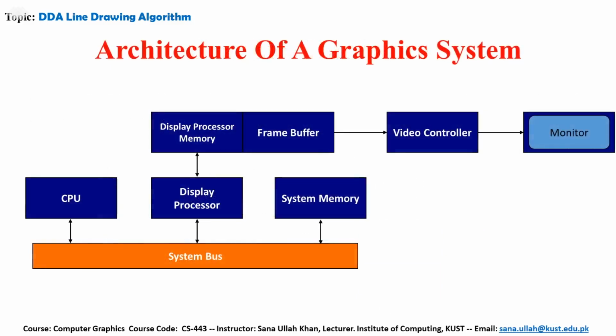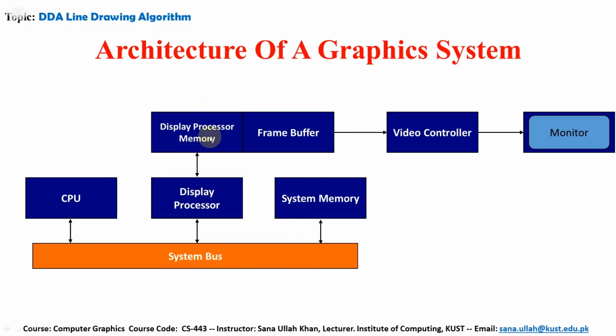The basic architecture of a graphics system is as follows. As we know, the computer's internal parts are normally connected with a system bus. The system bus carries different types of data sent and received by different internal devices: the CPU sends data to the system bus and receives data from it. Similarly, the display processor sends to the system bus and receives from the system memory.